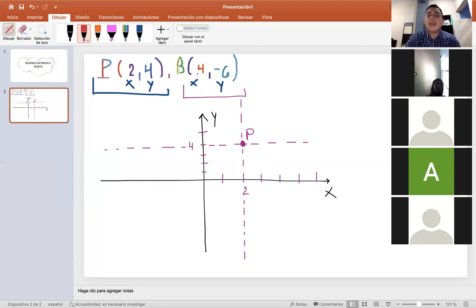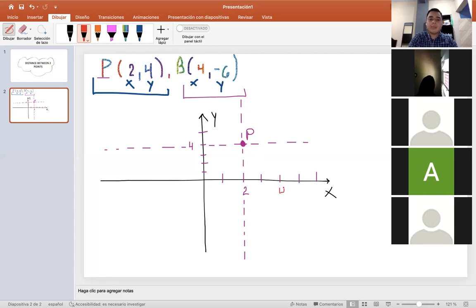So in the x-axis, positive 4 belongs to the right side or the left side? Which one, guys? Positive 4 in the x-axis. Right side. Thank you. 1, 2, 3, 4.